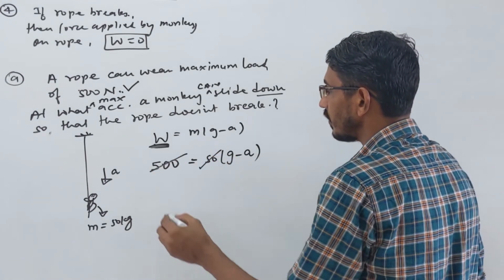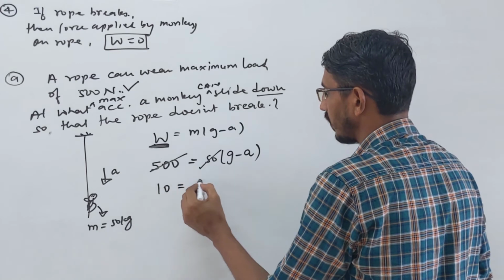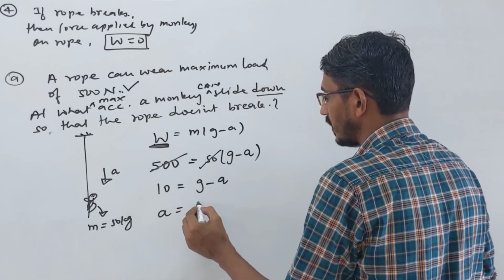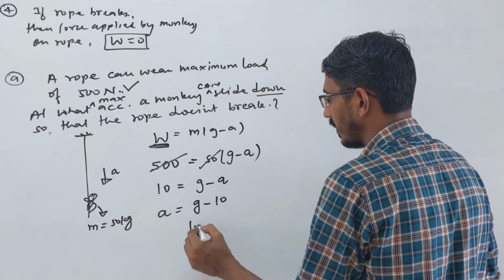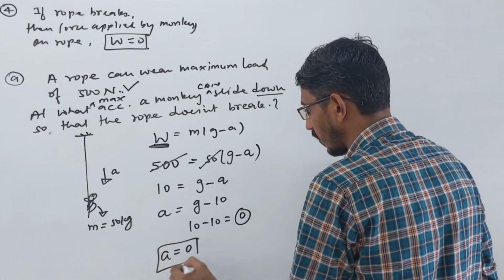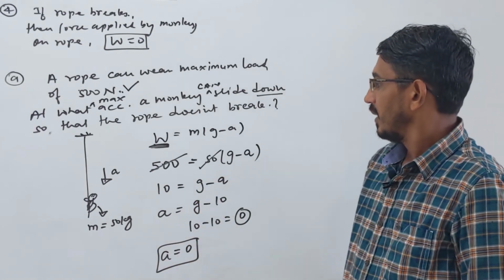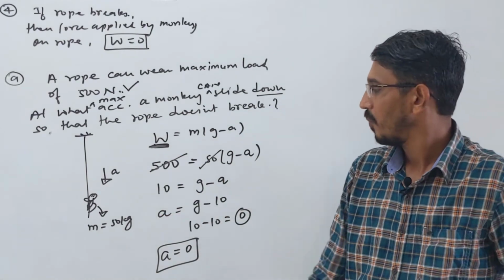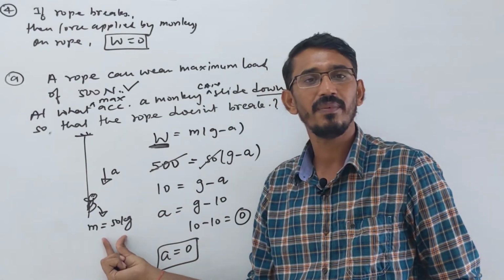So here 10 times is equal to g minus a. a is equal to g minus 10, 10 minus 10 means 0. What is the acceleration coming here? 0. What's the meaning of this? If the rope doesn't break, look, a simple way: what is the mass of this monkey given? 50 kg.